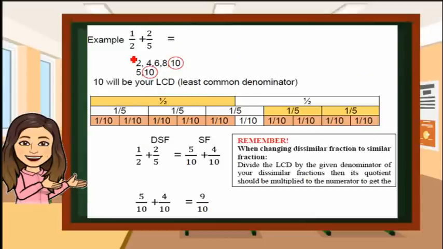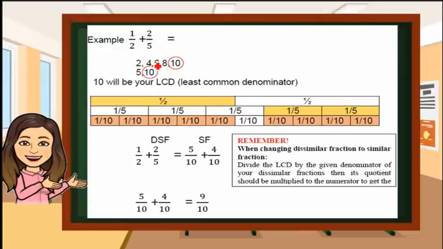Okay, now, by using the listing method, we will have this. From 2: 2, 4, 6, 8, 10. Then 5: 5, 10. So, the least or the first number that is common when we list the multiples of 2 and 5 is number 10.